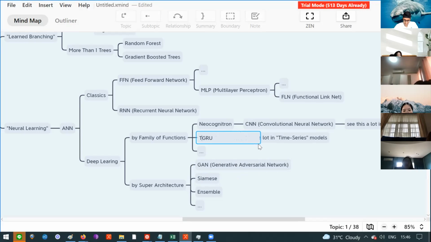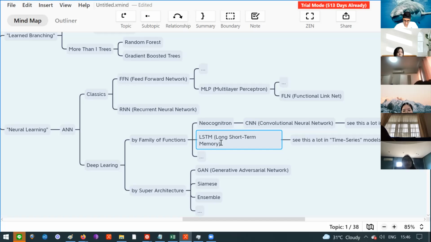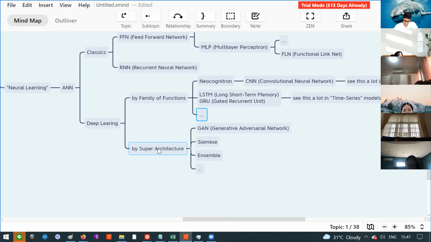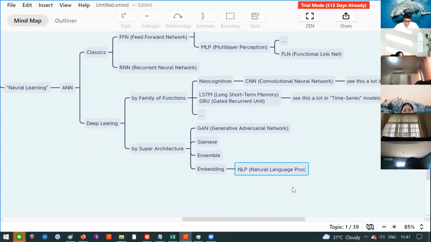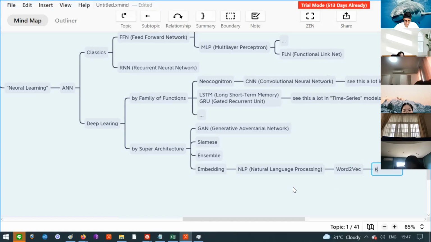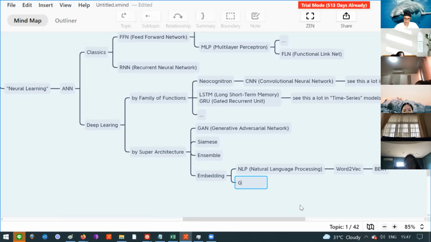I won't cover them all. Okay, it just gets huge.